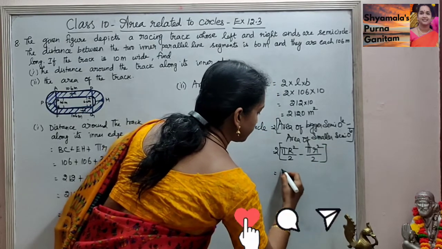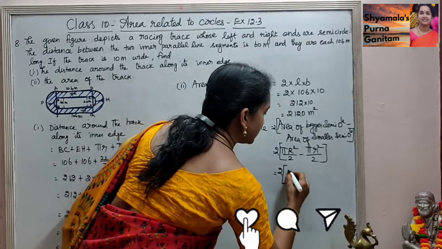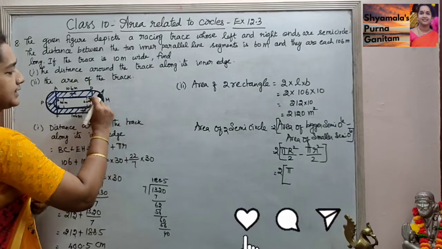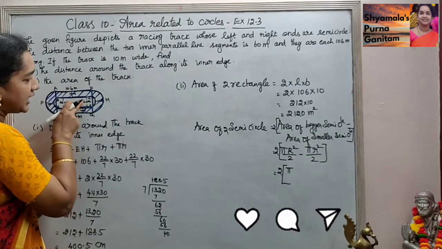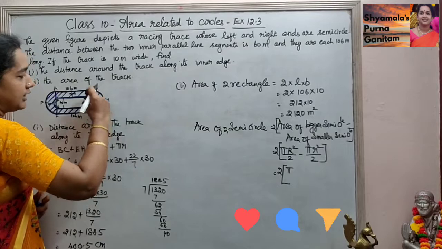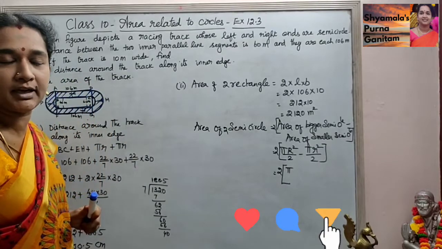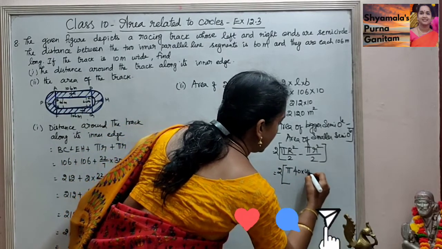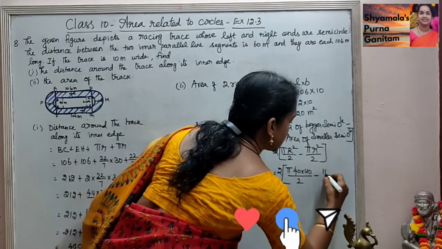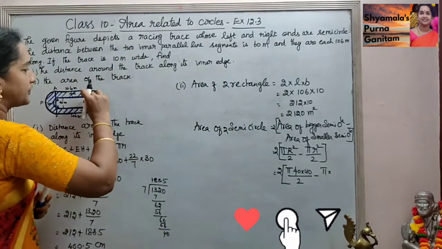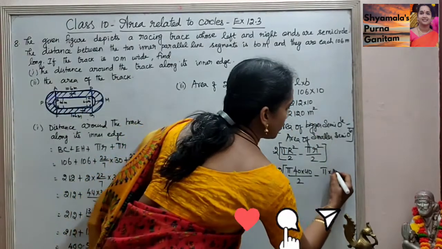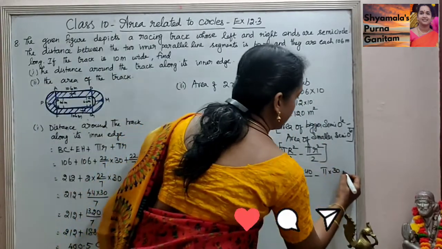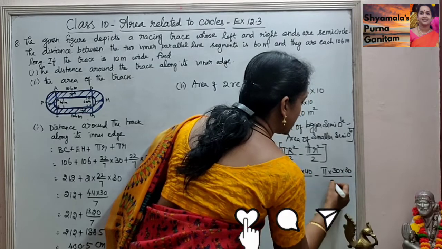The radius of the outer one: here we have 60, here we have 10, here we have 10, so totally it is 80 meter, so the radius will be 40 meter. So 40 into 40 by 2 minus pi into the inner part, whose diameter is 60 meter, so the radius is 30, 30 into 30 by 2.